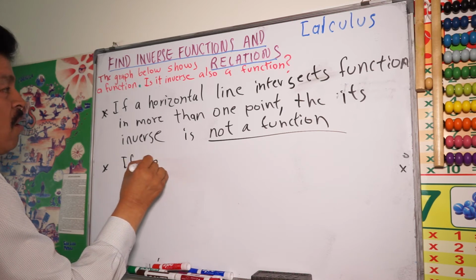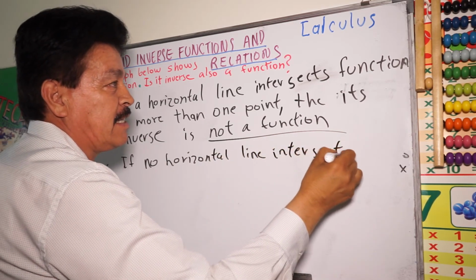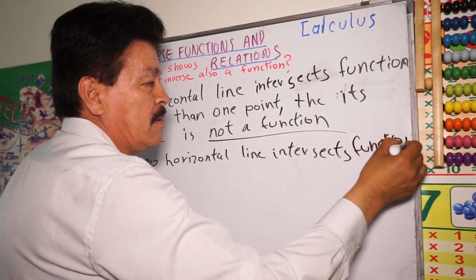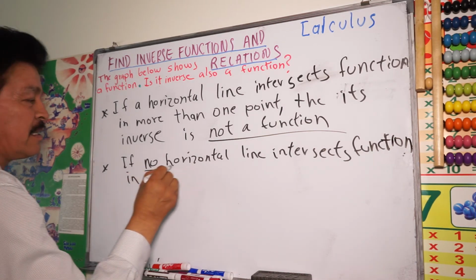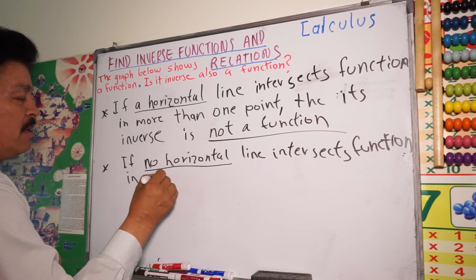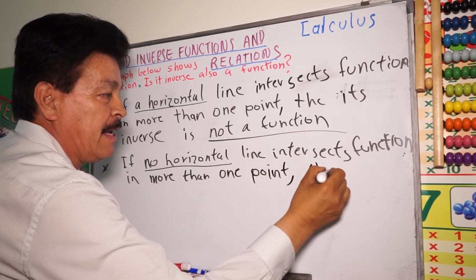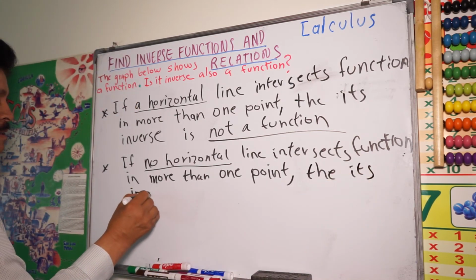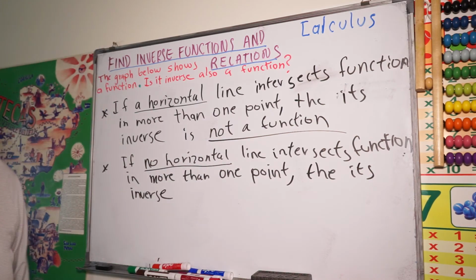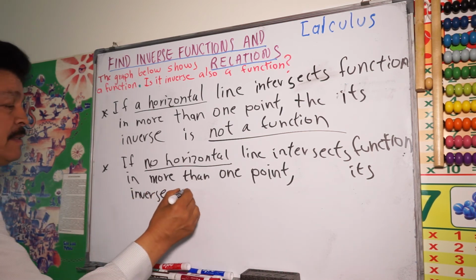If no horizontal line intersects the function in more than 1 point, then the inverse is a function.